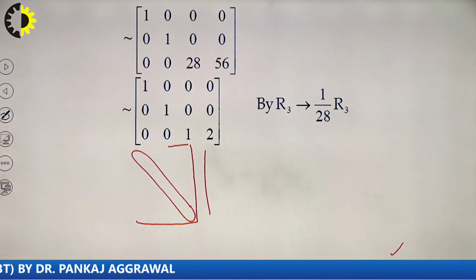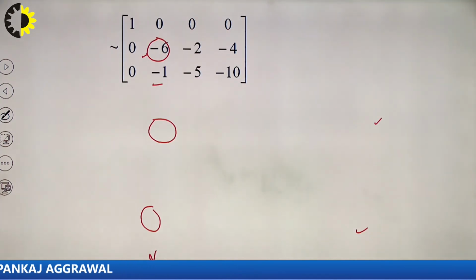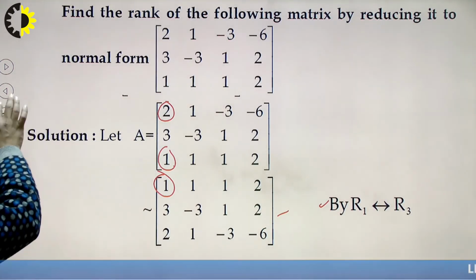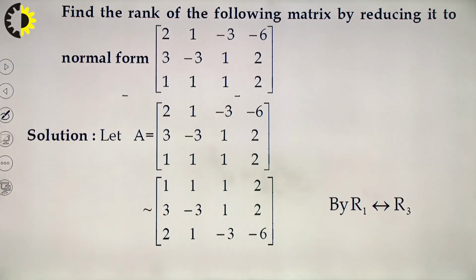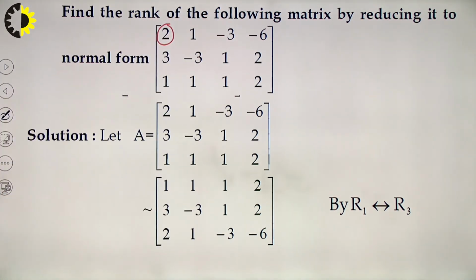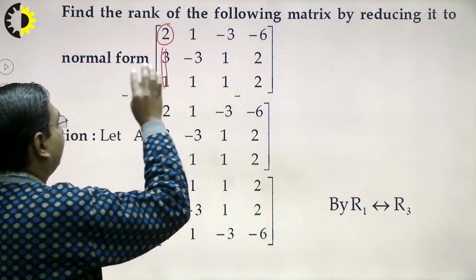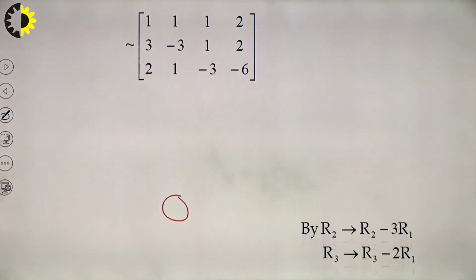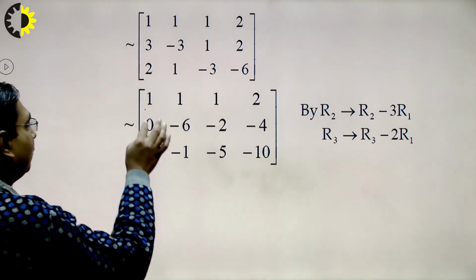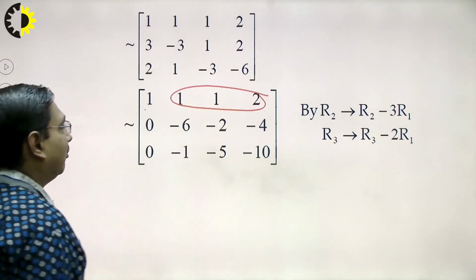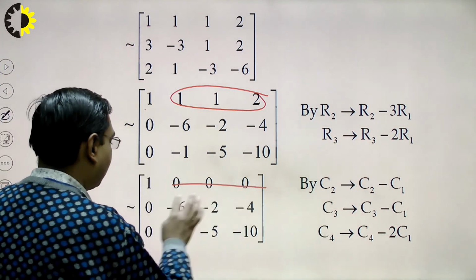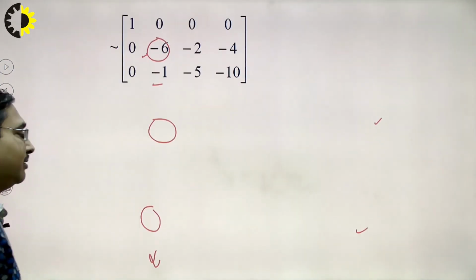Let me sum up once again. This matrix was given. We were trying to find the rank of this matrix. First of all, I converted this element to 1. With the help of this one, the remaining elements are converted to 0 to obtain this form. Then, with the help of this one, the remaining elements of the first row will be converted to 0 to give this form. Then, I will convert this element to 1.